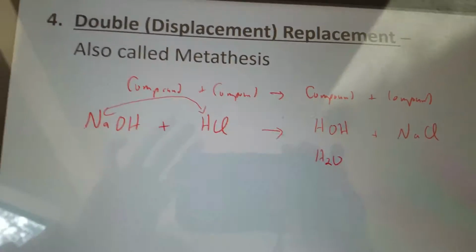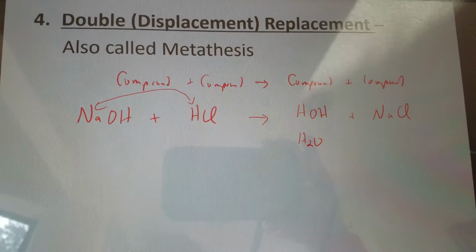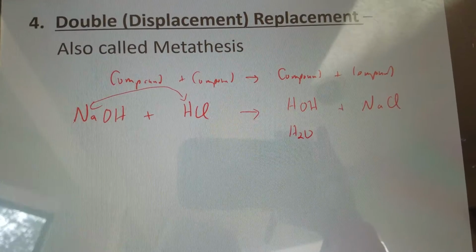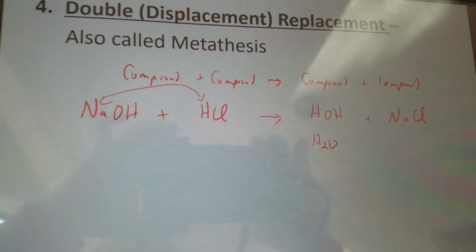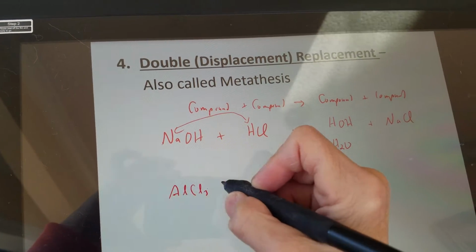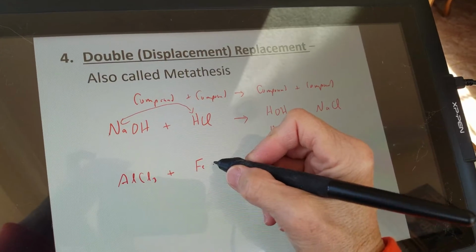So you don't have to go to the trouble of figuring out which things change places, because it's the 2 positively charged things, or if you're more of a pessimist, you could do the 2 negatively charged things. It doesn't matter.